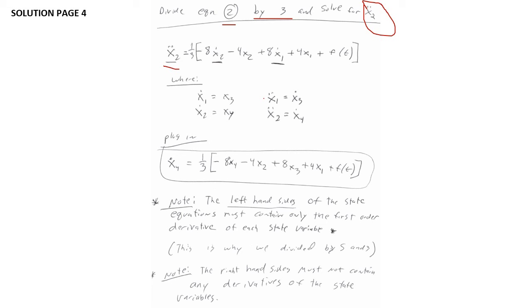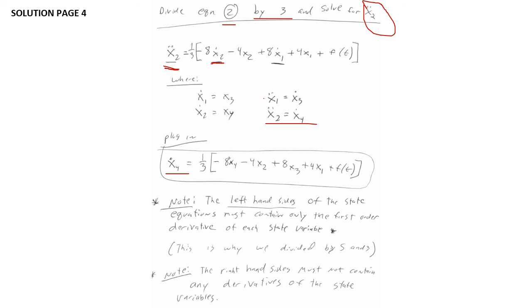So we can do the substitutions: x1 dot is equal to x3, x2 dot is equal to x4, x1 double dot is equal to x3 dot, x2 double dot is equal to x4 dot. So we do that there, we can see our x2 double dot is an x4 dot, so we can plug that in there. This is equal to 1/3 times our negative 8.